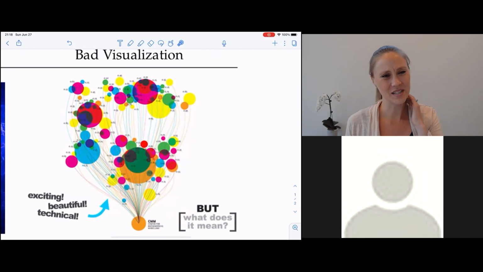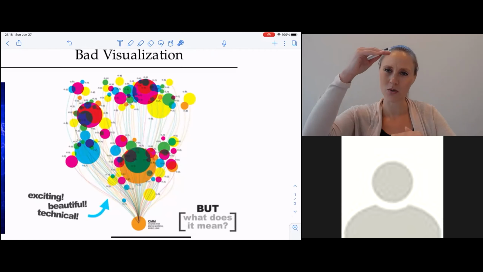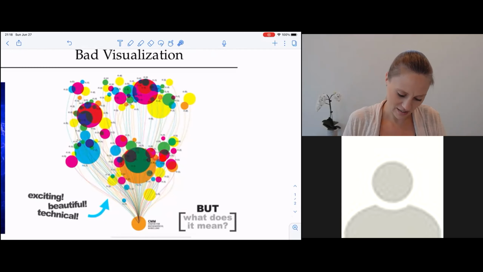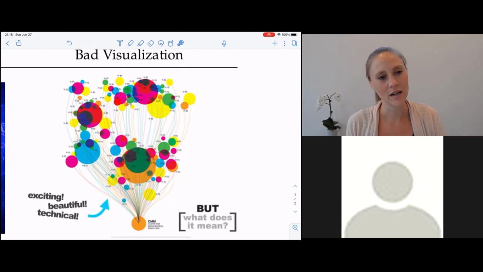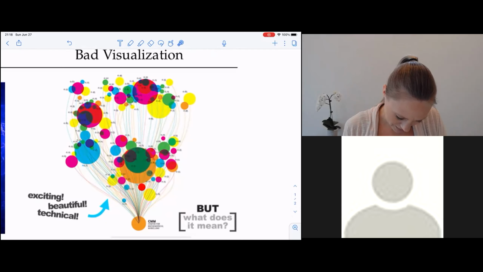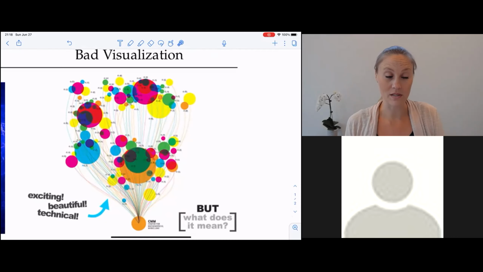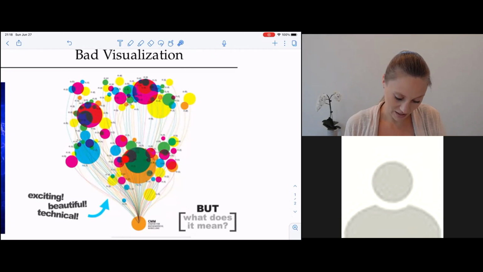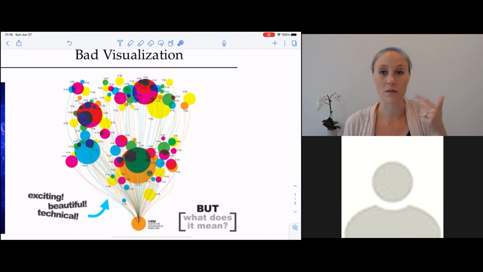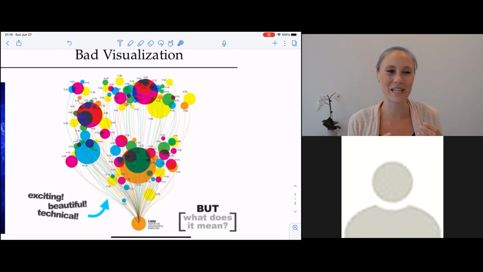But then I start to wonder: there seem to be two levels, and then some data points just in between. They seem to be connected by some rope or something, and what does that mean? Does the color of the bubble mean anything? Does the size of the bubble mean anything? I'm left with so many questions.